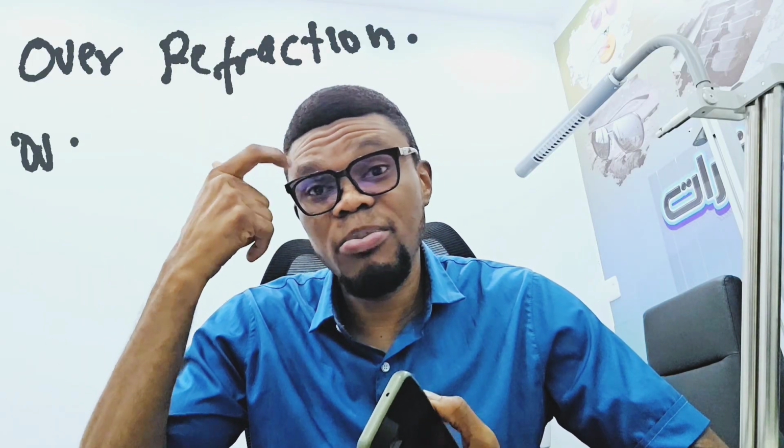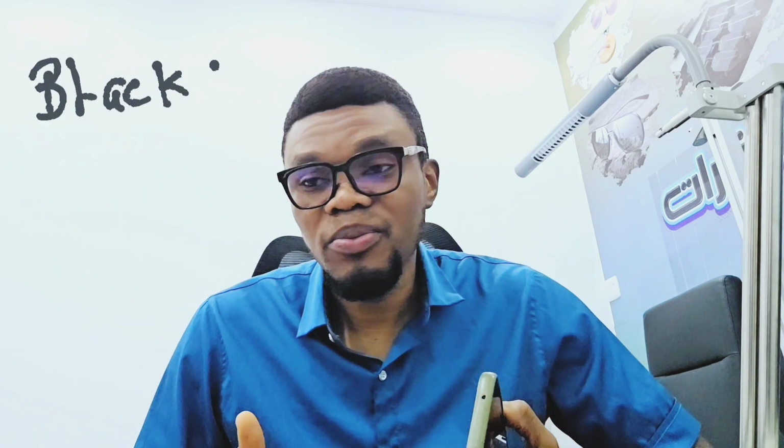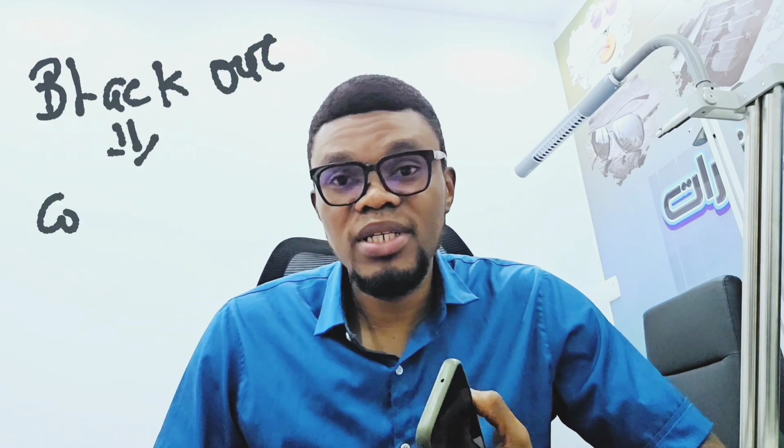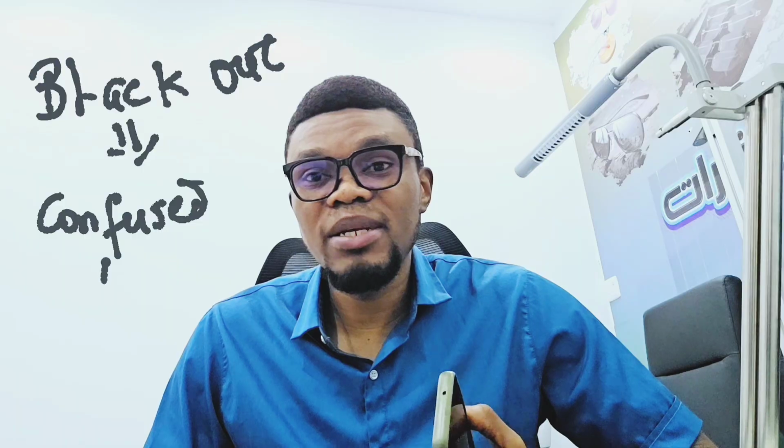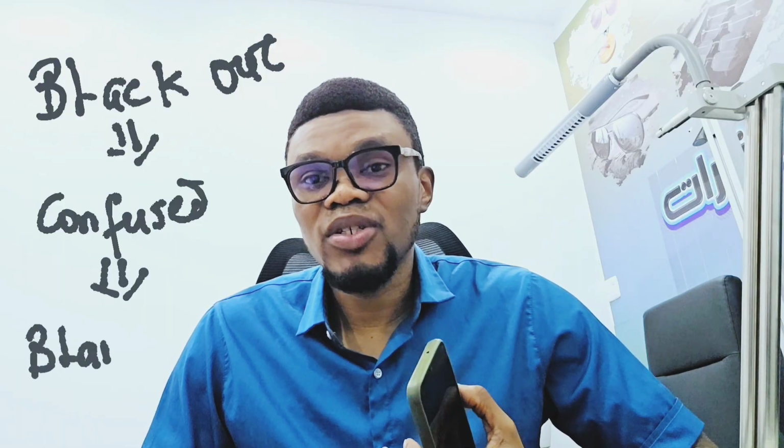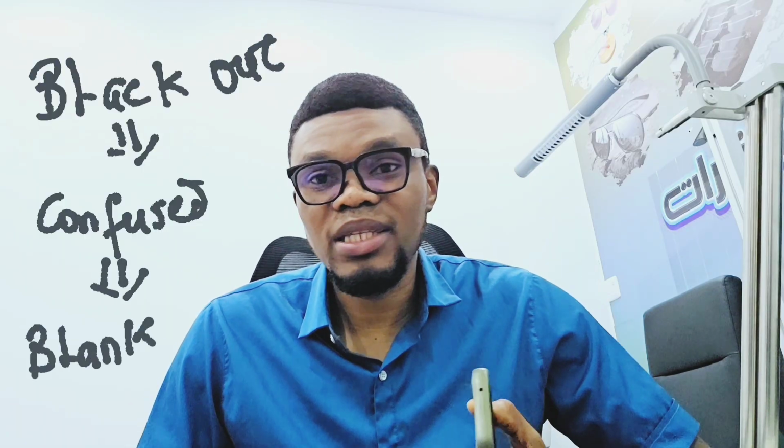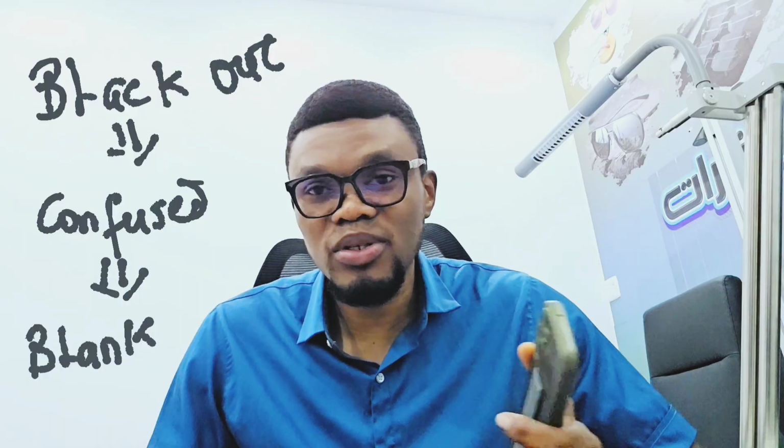One of the things I noticed from people who write the exam is that after preparing, when they get to the exam hall, if the question is tweaked in any way, they get a complete blackout. They don't know where to start again, their memory just closes.